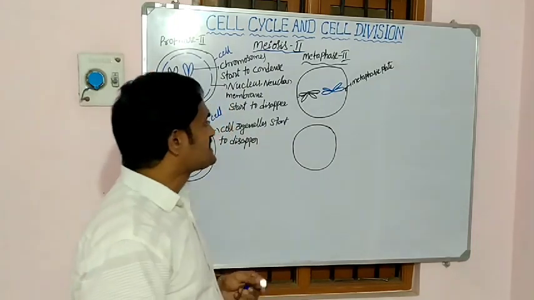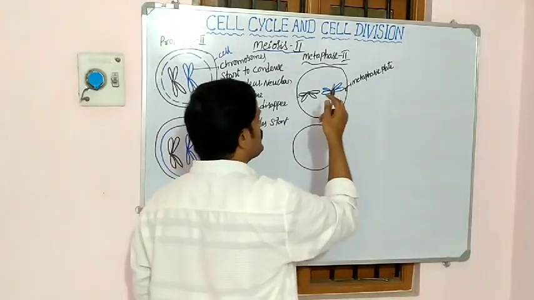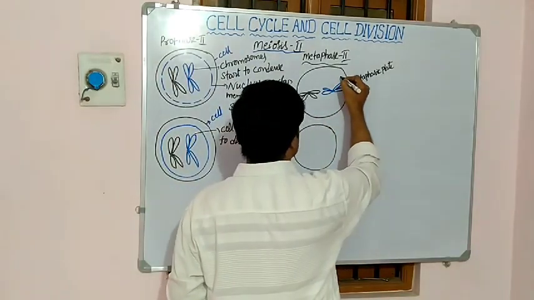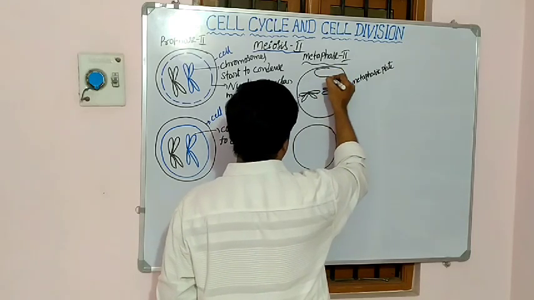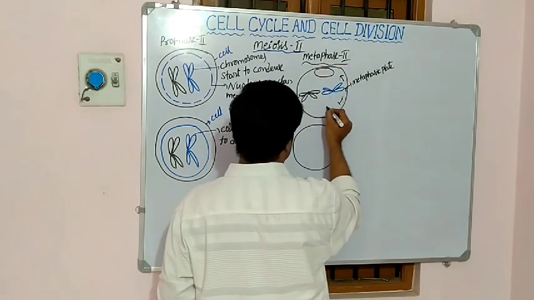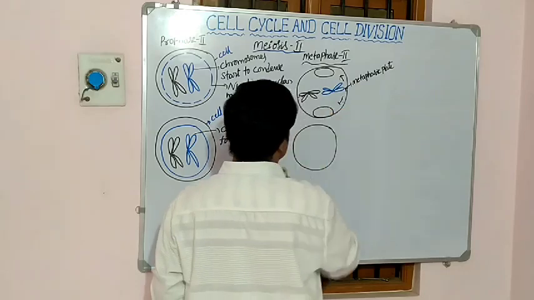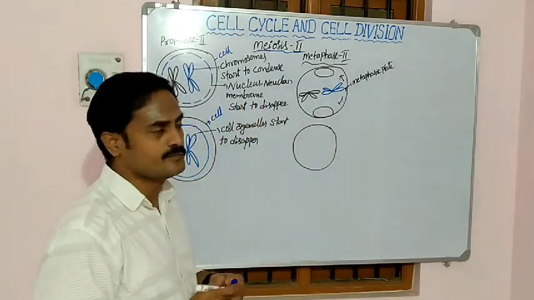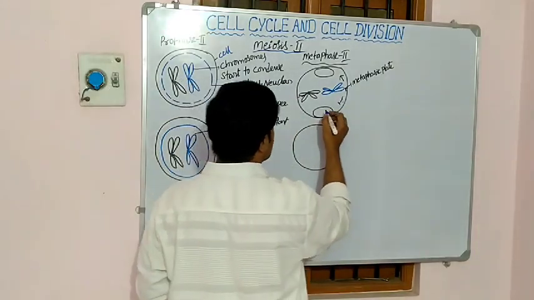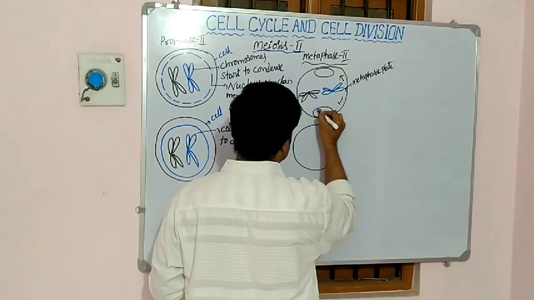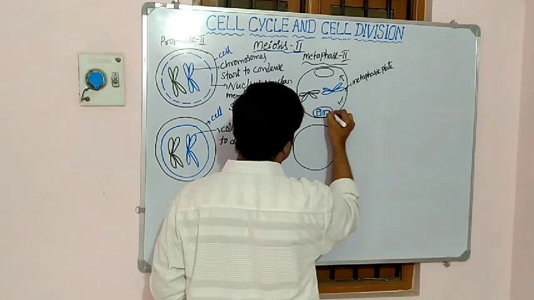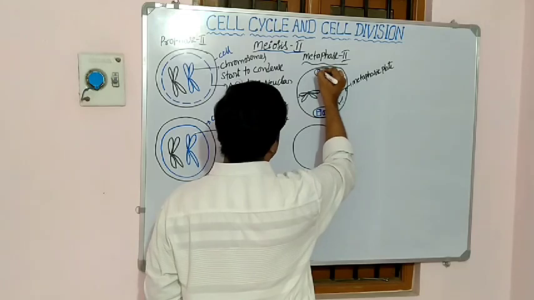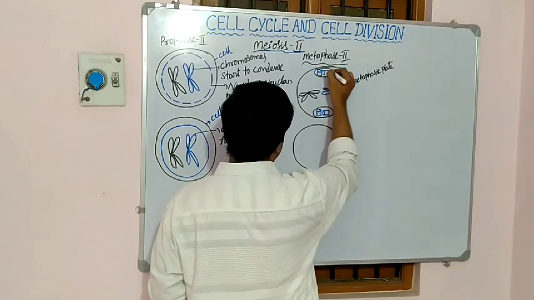Then the centrosome and centrioles move to the opposite poles. See, this box-like arrangement is called the centrosome. Both poles of the cell have a centrosome, and inside the centrosome there are centrioles, internal cell organelles.